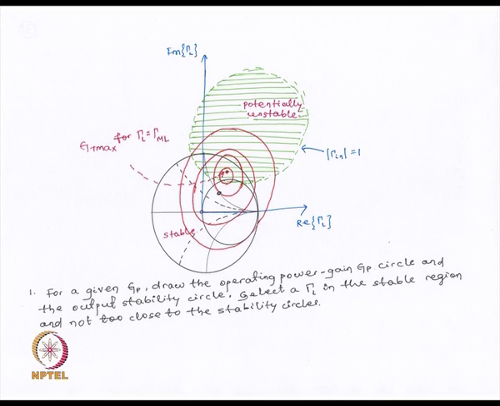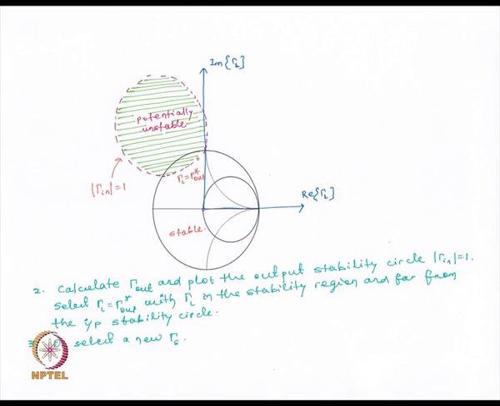So this will be the output stability circle, okay, and you choose, same as the previous case, a particular gain circle, select the value of gamma L, ensure that gamma L that you choose lies in the stable region, and then once you choose gamma L, you can find out gamma in, and from gamma in you can find out gamma S.